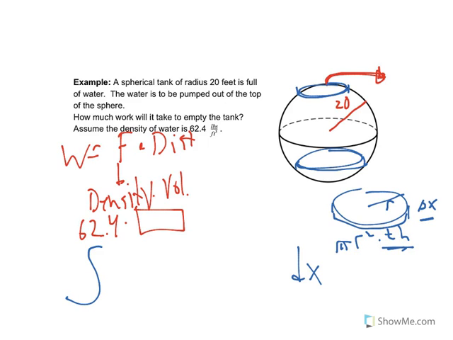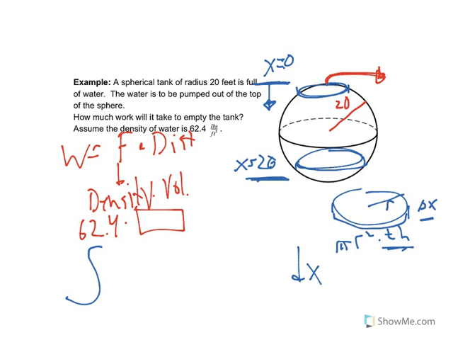Okay, there's a couple of decisions we need to make here. One is, where's our variable? I like to have my variable start at where the first sliver of water is coming from, and then work down the container. So in this case, I'm going to have x equals 0 at the top, and as I work my way down, at the bottom, x is 20.